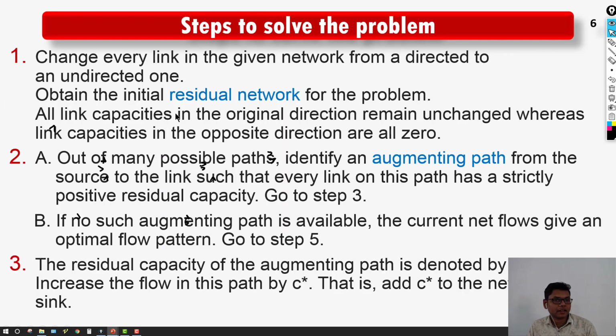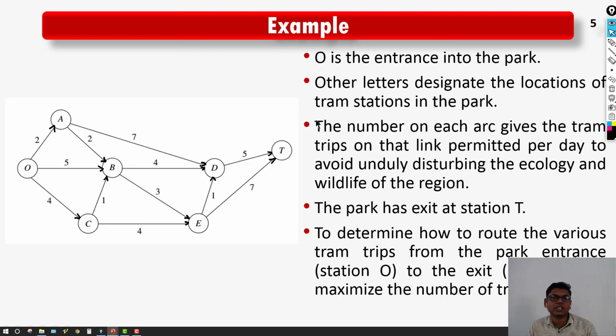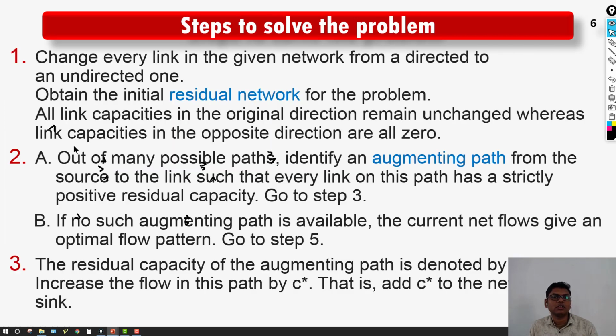All link capacity is what? Is the number of trips allowed. So all link capacities in the original direction. Original direction is which direction? Here you see O to A is the original direction and opposite direction is A to O. So here it is written, all link capacities in the original direction remain unchanged, whereas link capacity in the opposite direction are all 0.